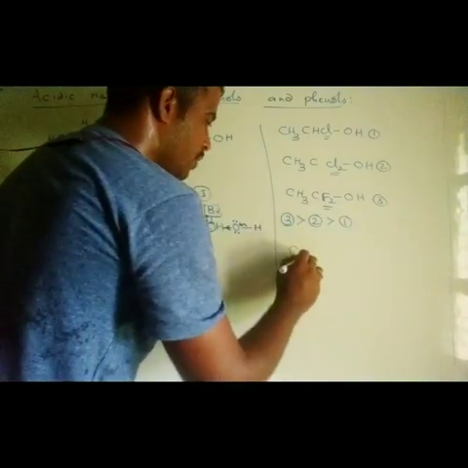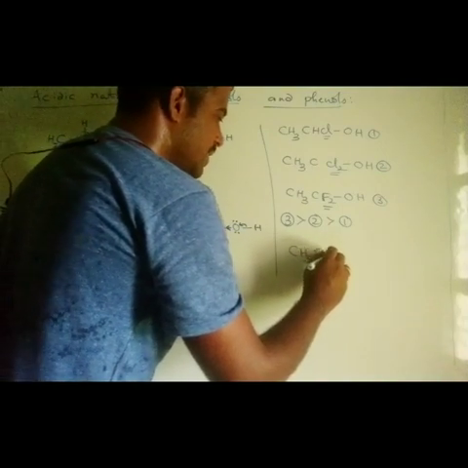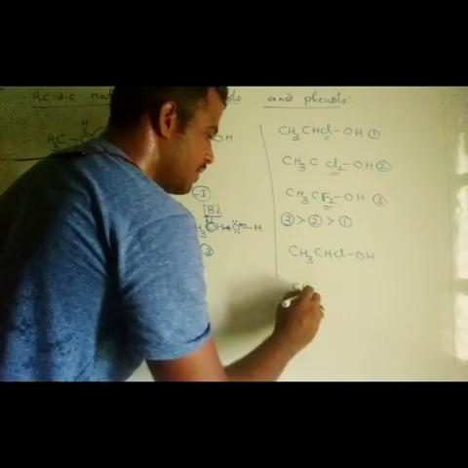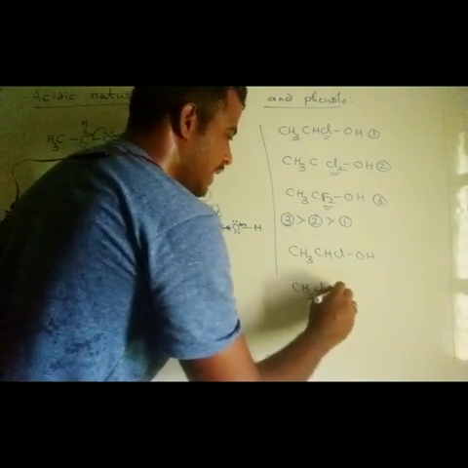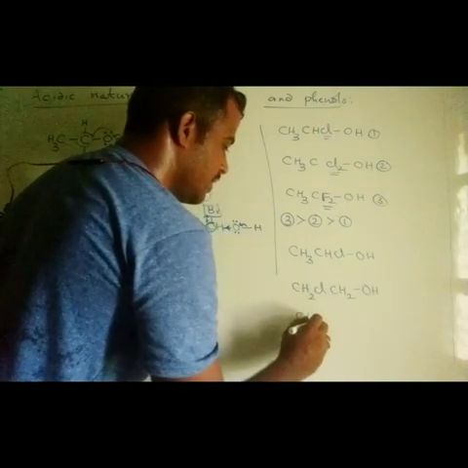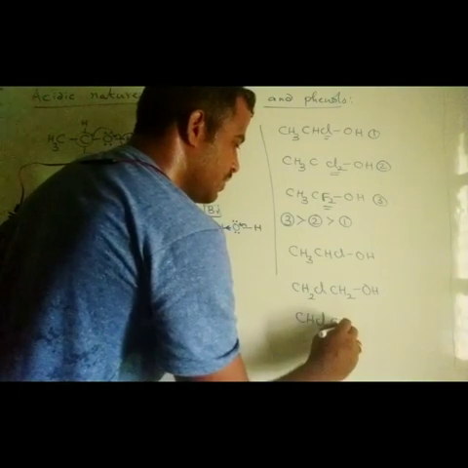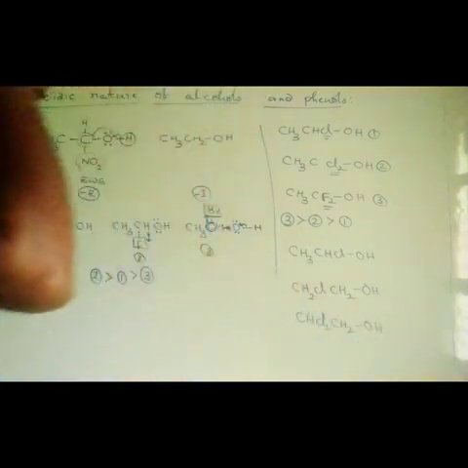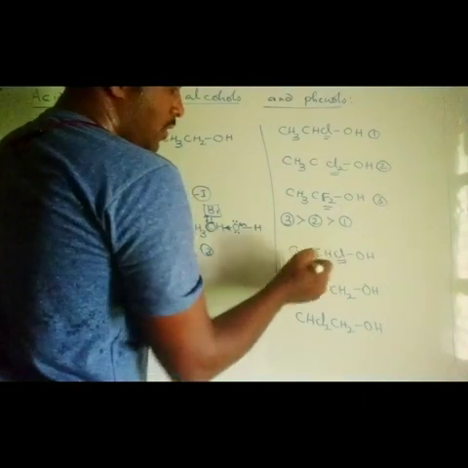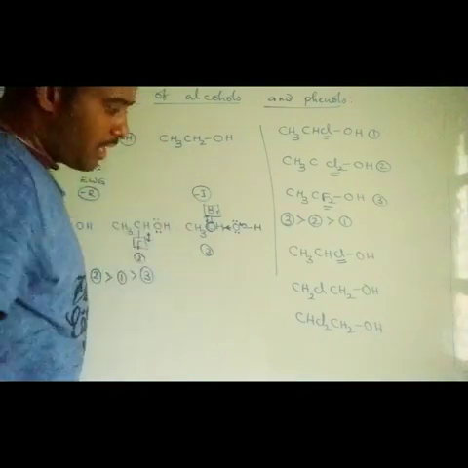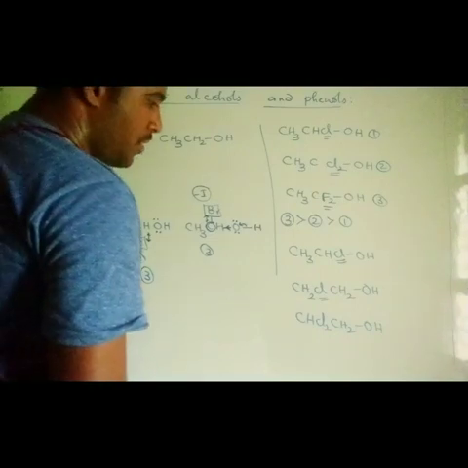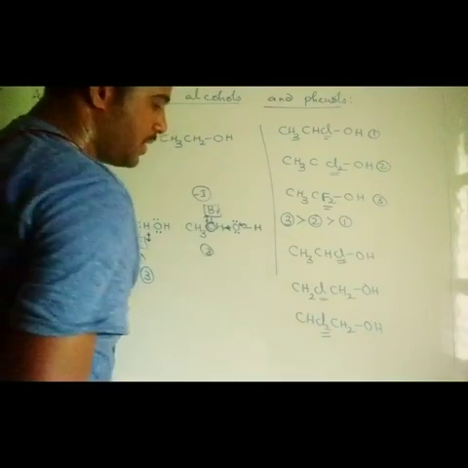Say I'm taking one more set of examples: CH3CHClOH, CH3CH2ClCH2OH, and CH3CHCl2CH2OH. If I look at these three examples, in the first compound the halogen atom is present directly on the OH linked carbon, in the second one halogen atom is present on the neighboring carbon to which the OH group is linked, and in the third, 2 halogen atoms are present on the neighboring carbon.